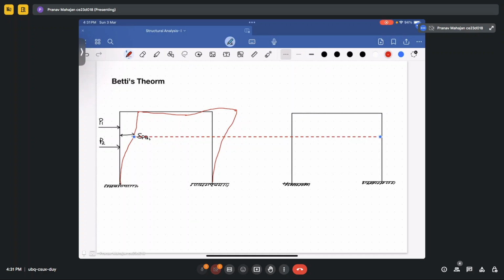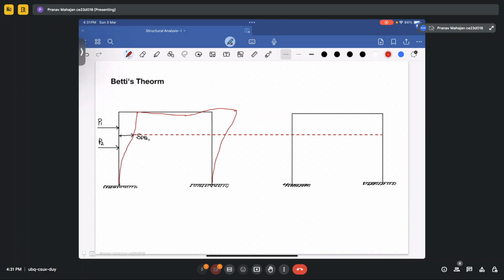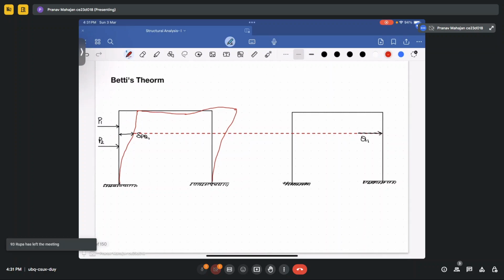I will move this line a little bit above so that it is fine. So here the load is now acting. So here this Q1 load is acting, and due to that the shape of the profile is like this.